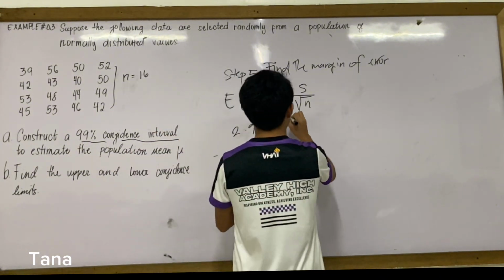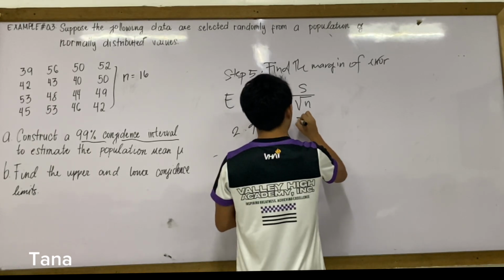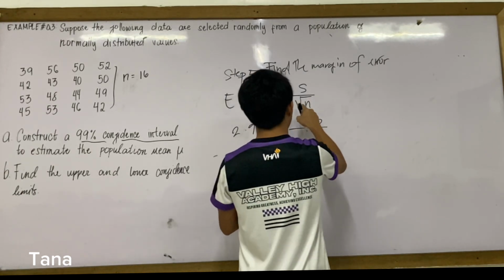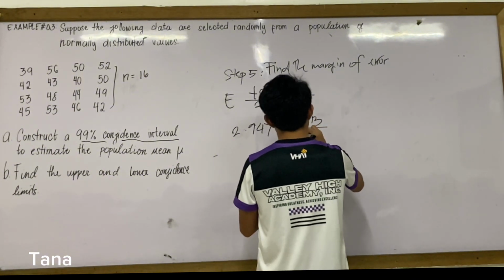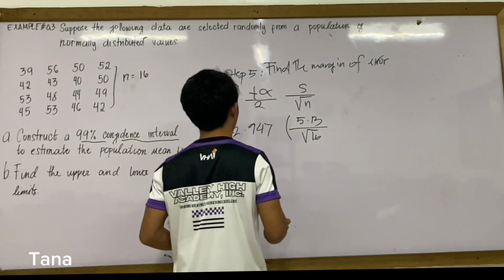And then our s is 5.13, and our n is 16, so the square root of n is the square root of 16.